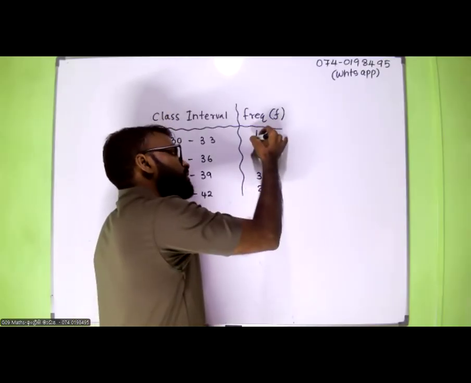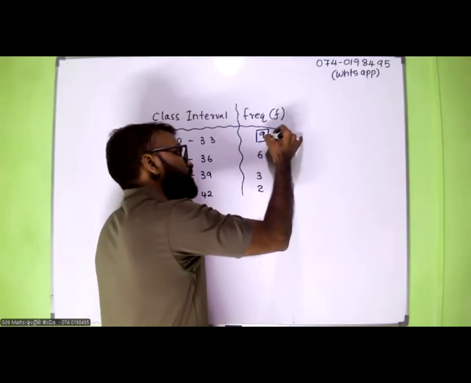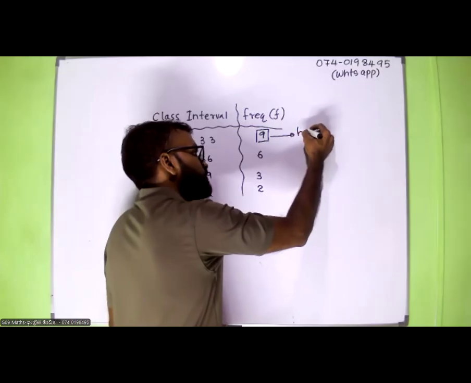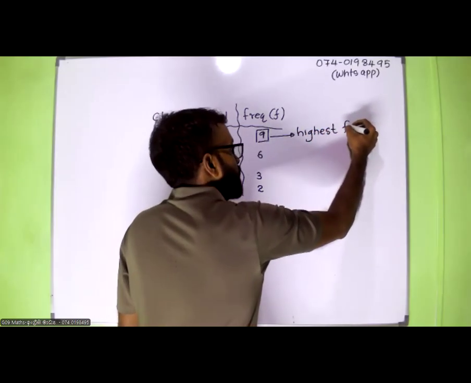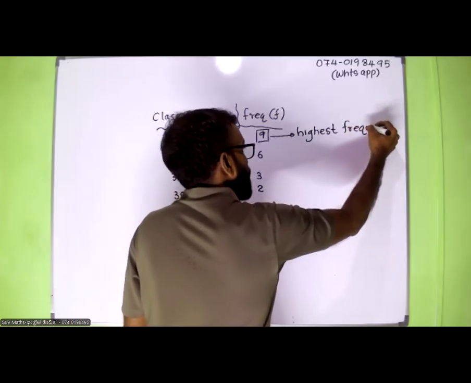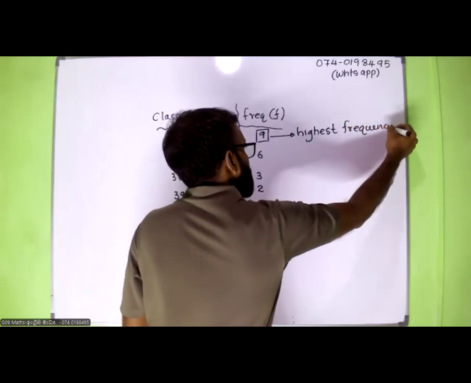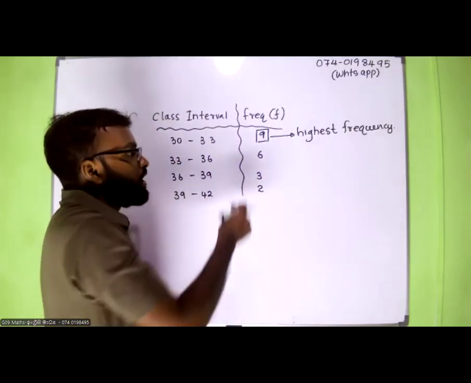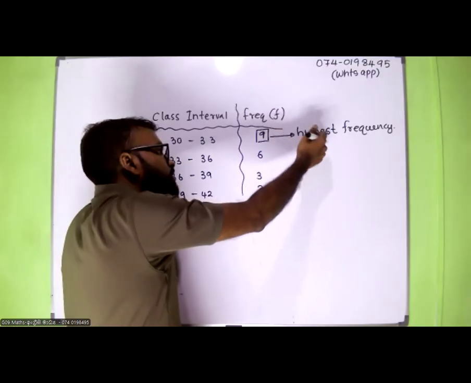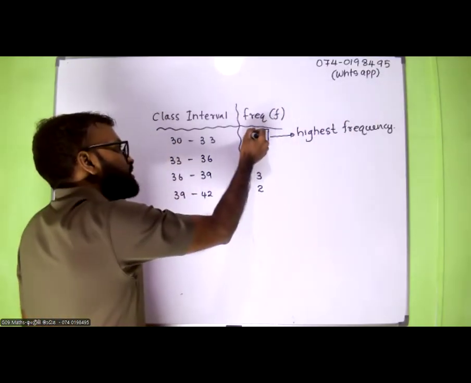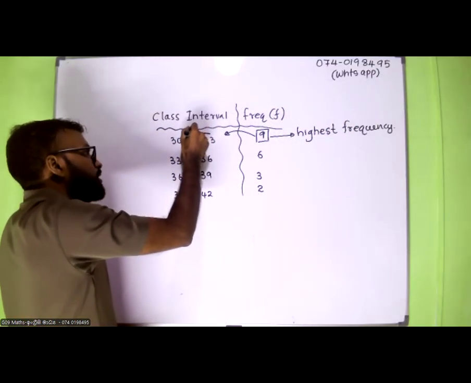So when you refer to the frequency column, you can see this is your highest frequency. The class interval related to this highest frequency is called the model class.